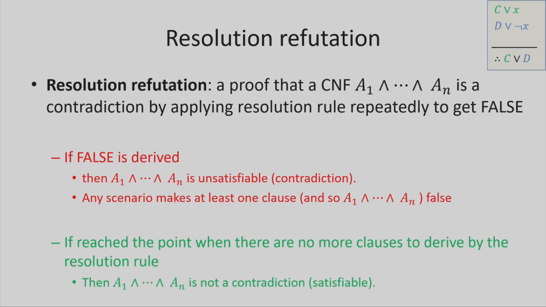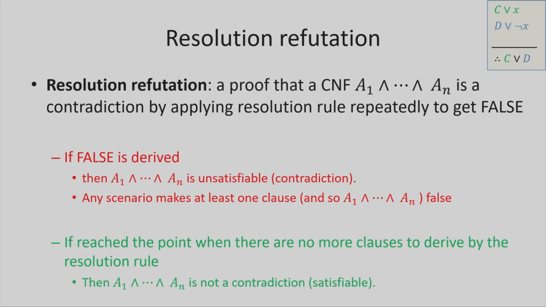Here we often think about a list of clauses in a CNF and an AND of clauses of a CNF sort of interchangeably. From the resolution point of view, it's kind of the same thing. So if you derive false, then A1 and so on AN was unsatisfiable, a contradiction. So every scenario makes it false.